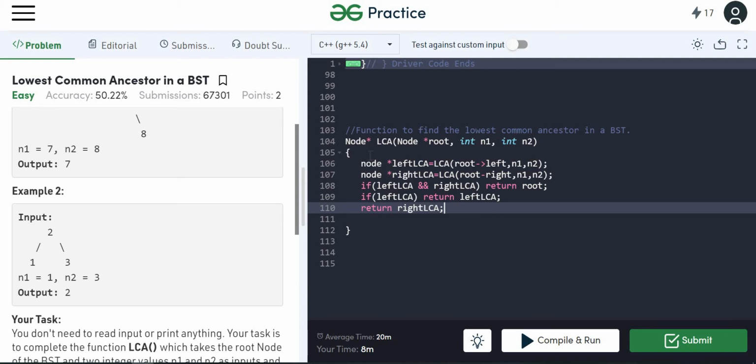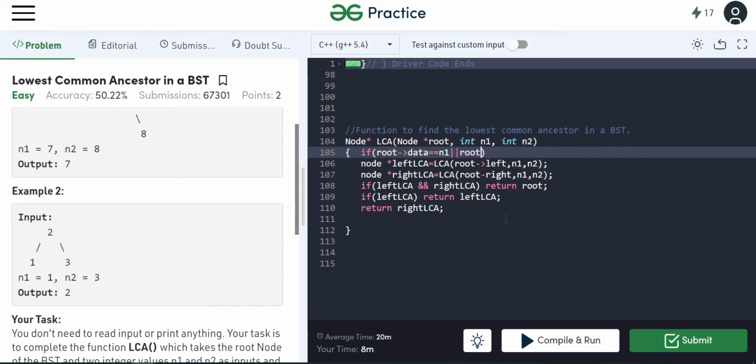Okay, so I think that's all, and we have to take care of another corner case. What is the corner case? If root data is equal to n1, or n2 also exists at the root. Why am I using or?